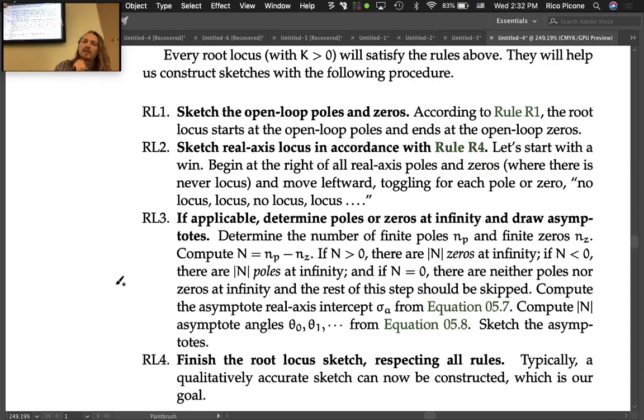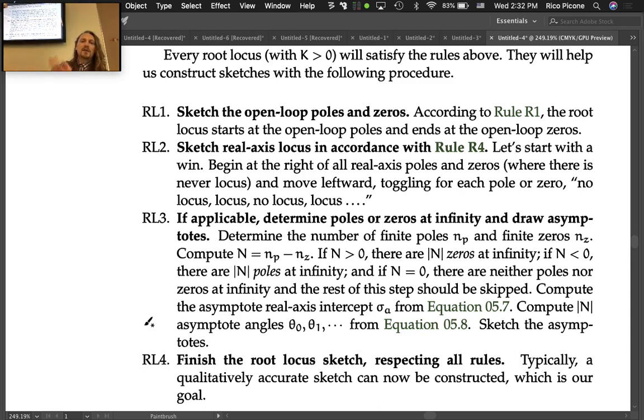Step 3: if applicable, determine poles or zeros at infinity and draw asymptotes. If we've got more poles than zeros, which is common, then we're going to have zeros at infinity, and we need to find the real axis intercept, sigma A, and then the angles of those asymptotes, the theta m equation.